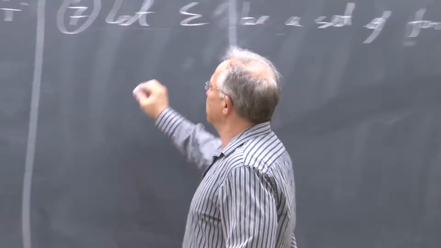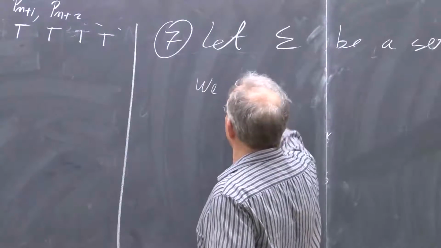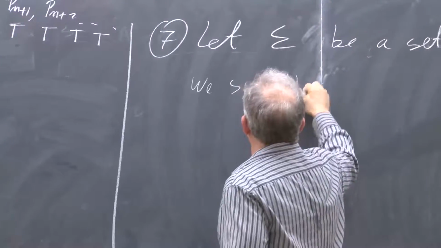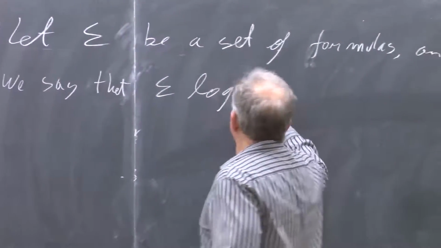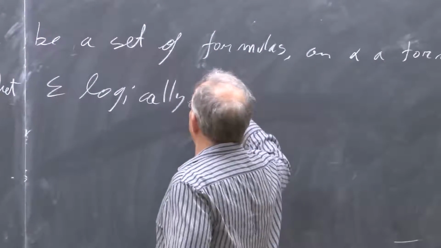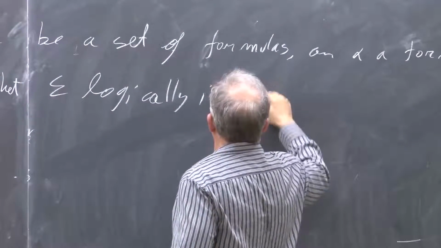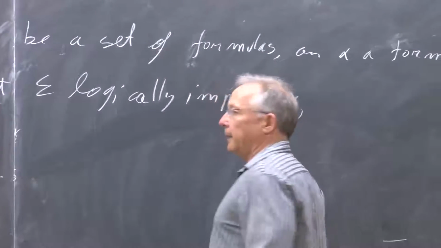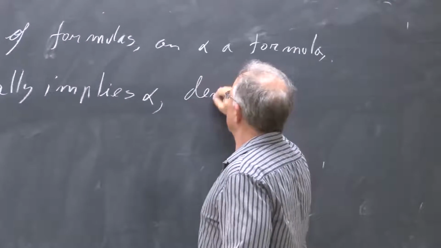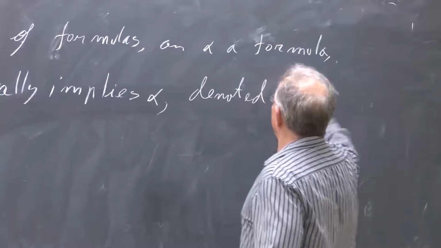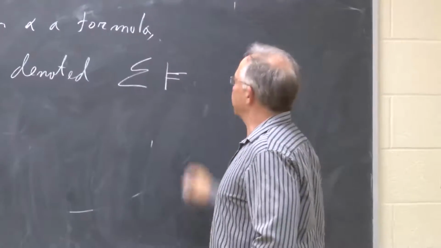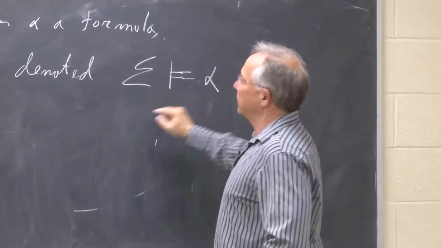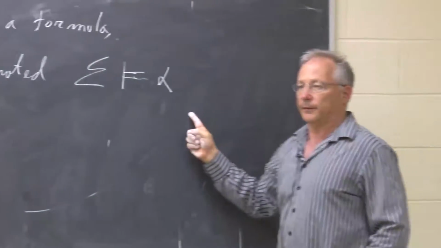We say that sigma logically implies alpha, and we denote it by sigma, with this turnstile lying on its side, alpha. That's a common notation.